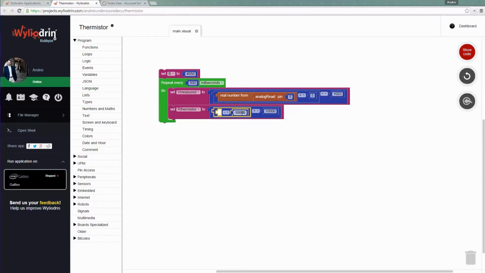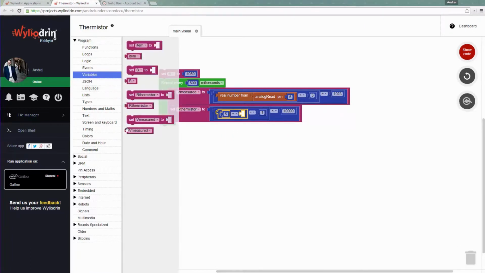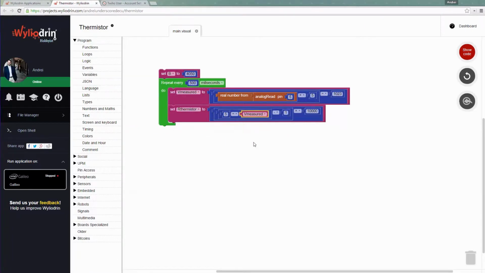So this will be the minus 1 part, and add another block like this one, which will calculate 5 over the voltage that I measured. Oh, sorry, that's just 5. Divided by V measured, which I calculated above.